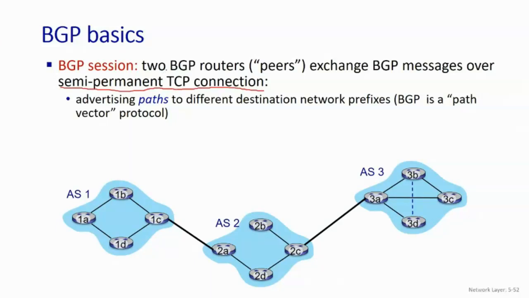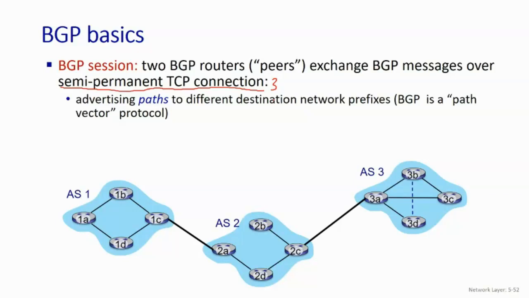You know permanent, persistent TCP connection. Semi-permanent TCP connection means the two peers execute the handshake protocol to establish the connection. The connection will be alive as long as there is an exchange of messages. If there is no exchange of messages, there is a timer called the keep alive timer.